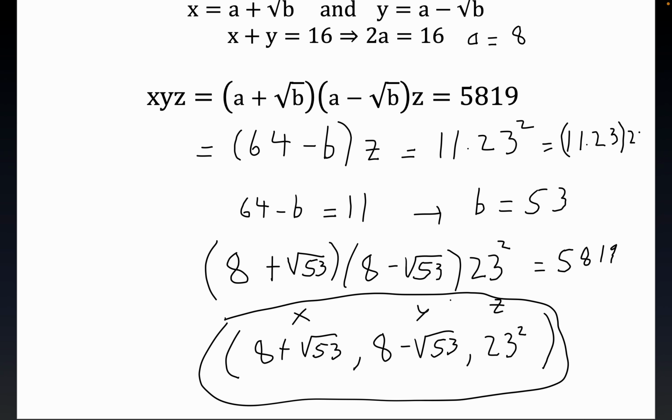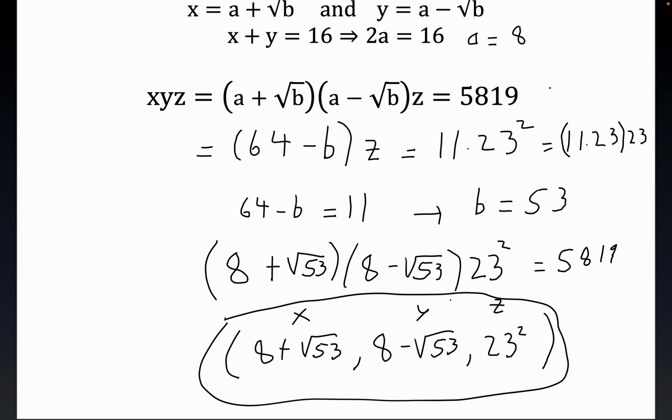Then 11 times 23 would become this constant, and you would use 23 correspondingly. I think you would end up getting 11 maybe. In any event, you would get another solution based on rearranging the prime factors. So I think there's only two solutions.